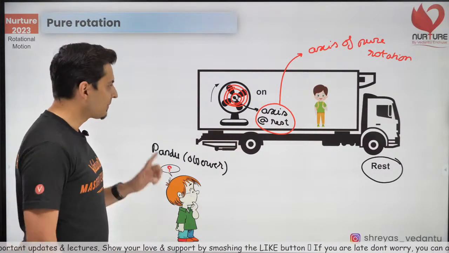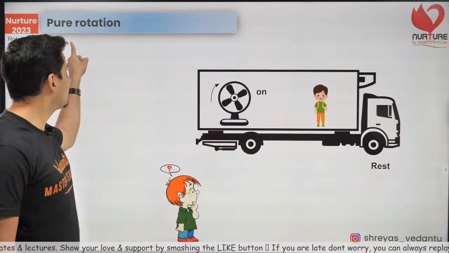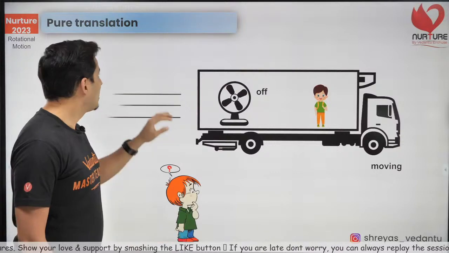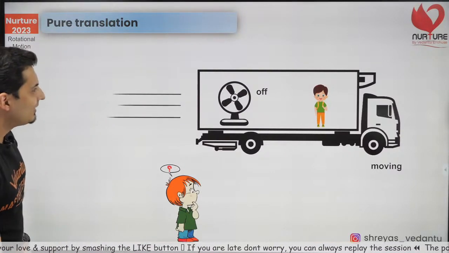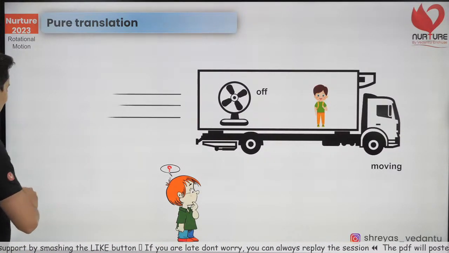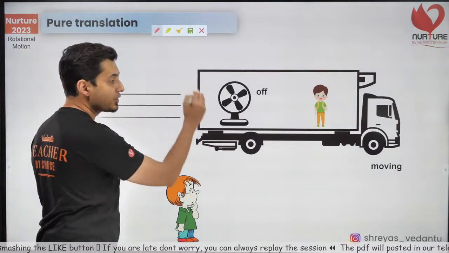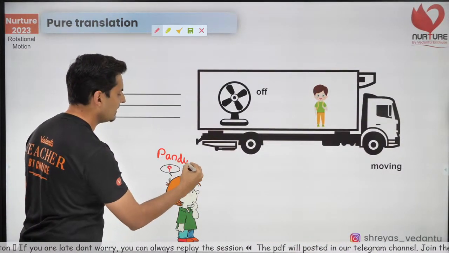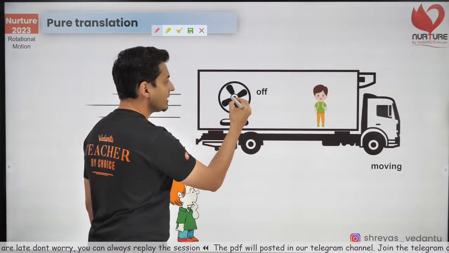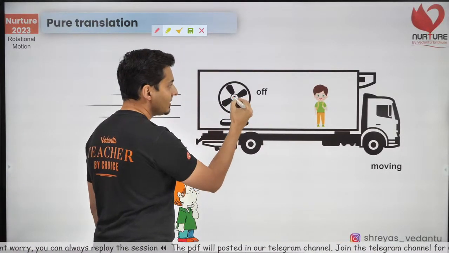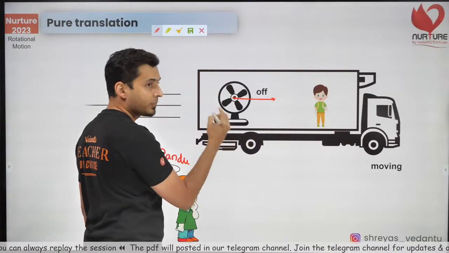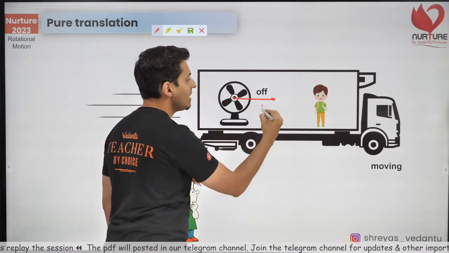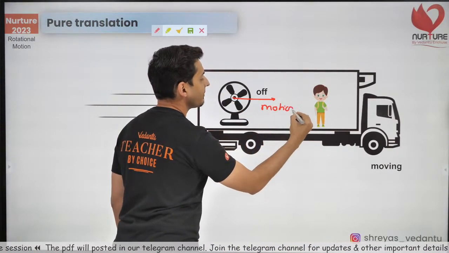Okay, now this is the first scenario where it is purely rotating. Look at the second scenario. Now the truck is translating. It is moving. This is our same observer, Pandu. What he will see is that the truck is moving, hence the center of the fan, which is the axis of the fan, is also in motion.